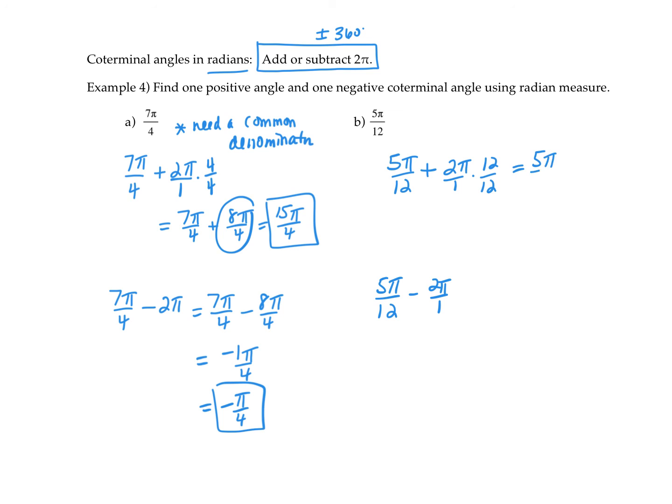So you have 5 pi over 12 minus 24 pi over 12. And that would give us negative 19 pi over 12. Okay. In here, sorry, we're adding, so this would be positive, and it's going to be 29 pi over 12.